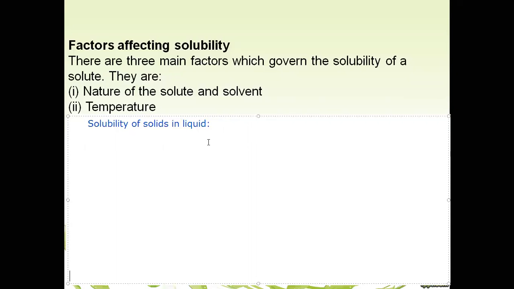That is the solubility of solids in liquid. There are two processes, that is endothermic and exothermic.